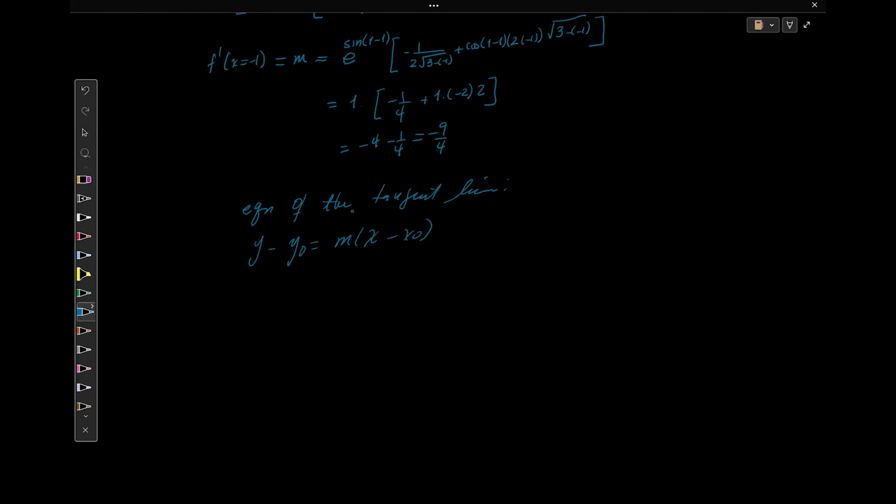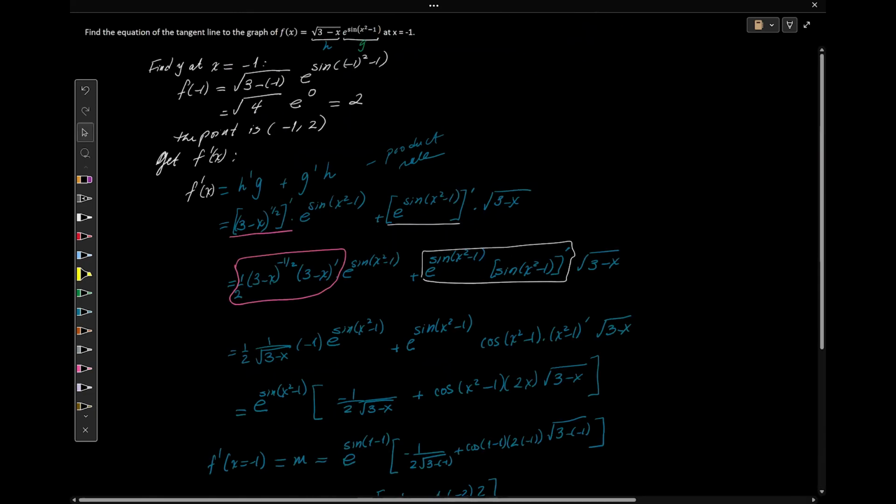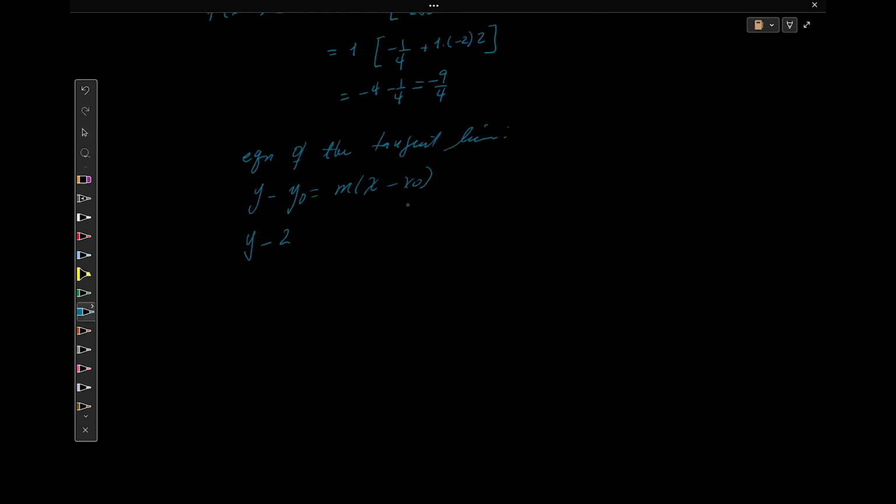And again, I'll use the calculator to see if I made any algebra mistakes. And then I'll go back and fix them. So y minus y0, y0 is 2. So let's put 2 in here. M is negative 9/4. X minus x0, x0 was negative 1.